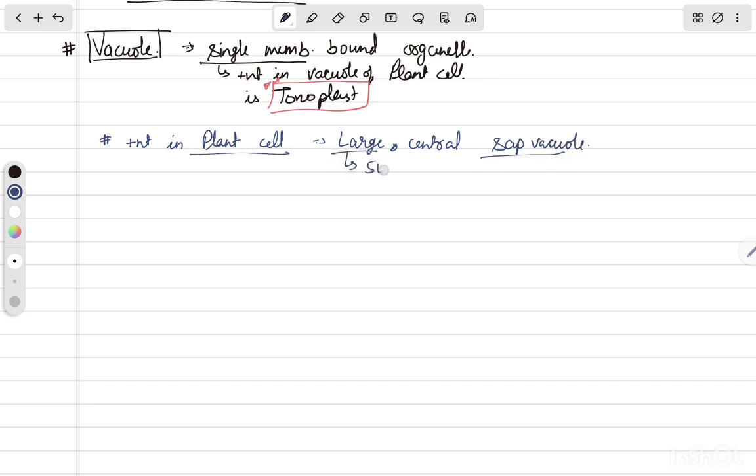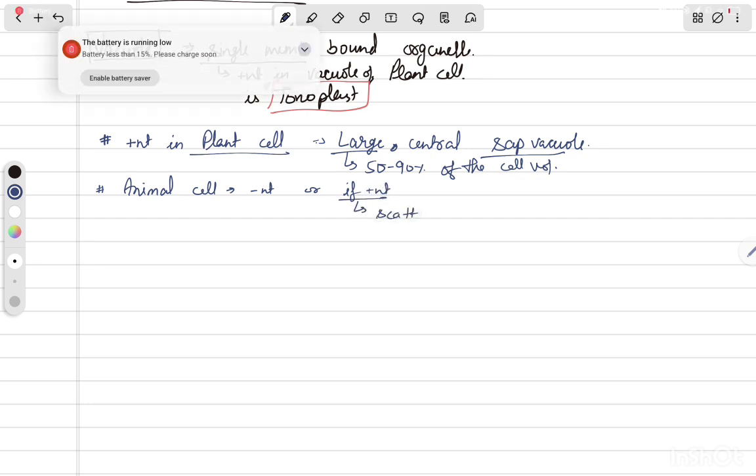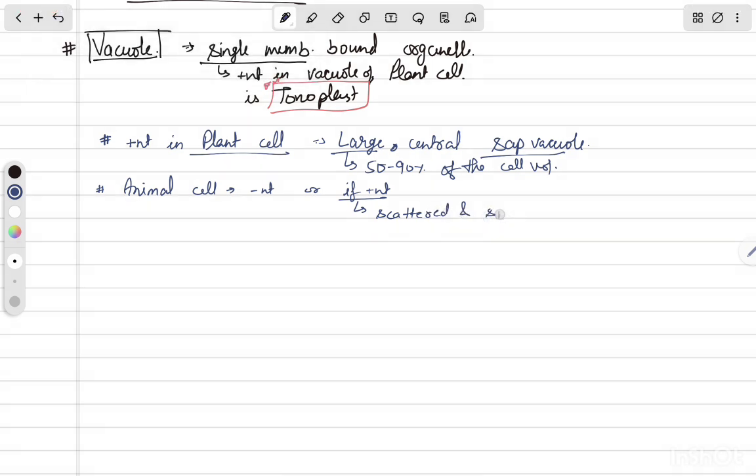It can occupy 50 to 90% of the cell volume. One centrally located large vacuole is present in plant cell. In animal cell, either it is absent or, if present, then it is scattered and small vacuoles, right?